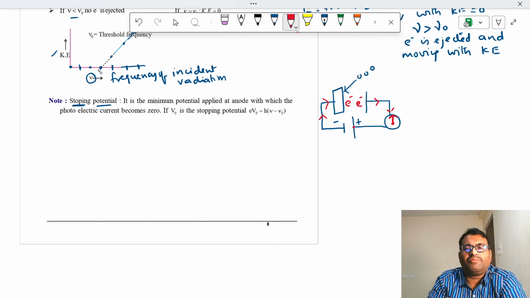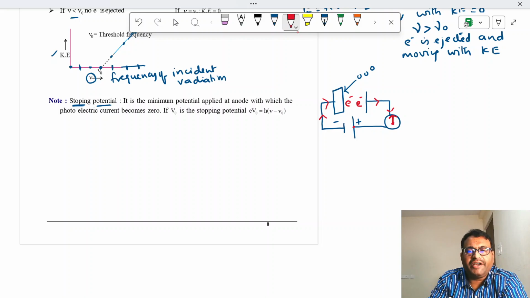When some opposite potential is applied, automatically this electron slows down. Again, if you increase some more opposite potential, this electron still slows down. And at a particular opposing potential applied at anode, this electron stops.